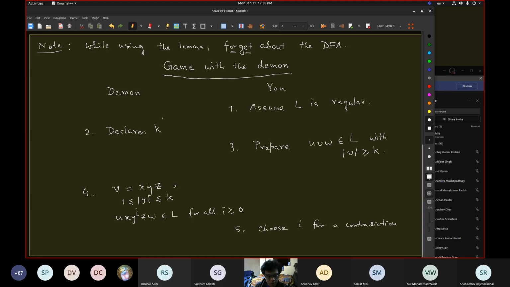What that positive integer k is, how the daemon gets this, is none of your business. Henceforth, you never assume that k is obtained from a DFA. Then you prepare your input string and you have to satisfy that it is sufficiently long. Then the daemon gives you the decomposition. Again, you have no control over X, Y, and Z individually, except for these guarantees supplied to you by the daemon. Then you choose your one or more i for arriving at contradictions in all cases.